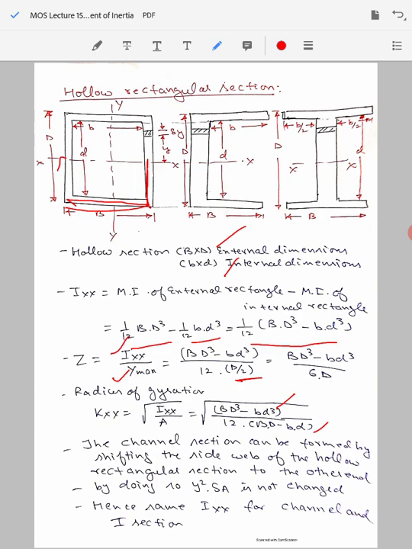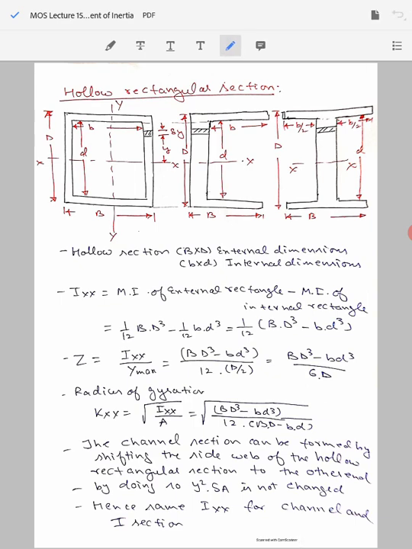Now the other section that is shown here is a C-shaped section. This C-shaped section can be obtained by, basically, you can assume that you have cut this hollow rectangular section from this place and this place, and you have moved this web over to the other side. So the net width of this web will be just twice of what it was earlier.